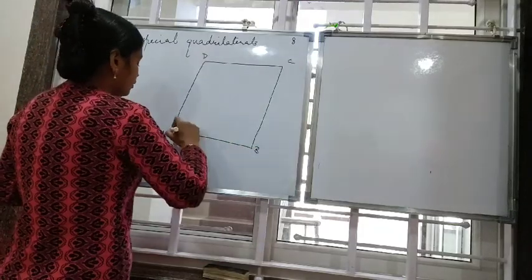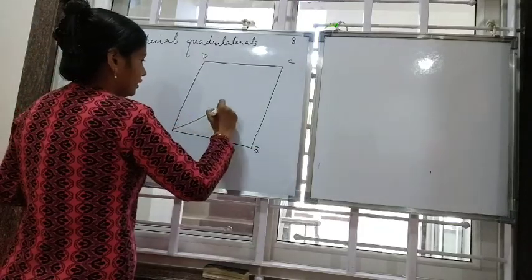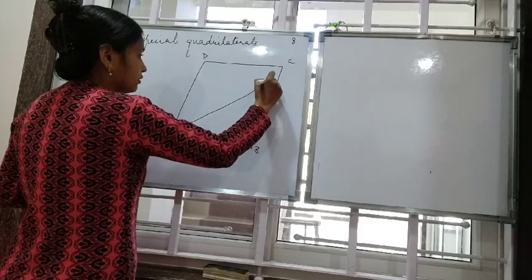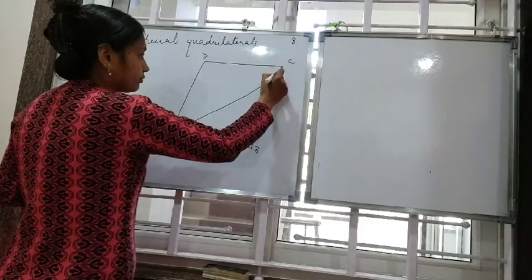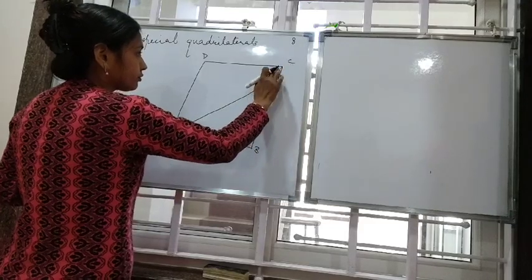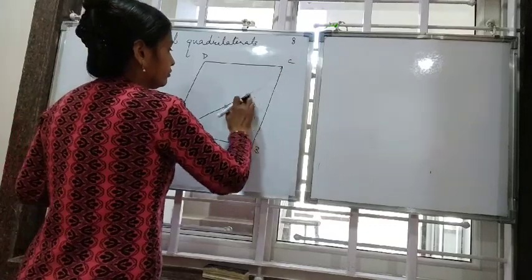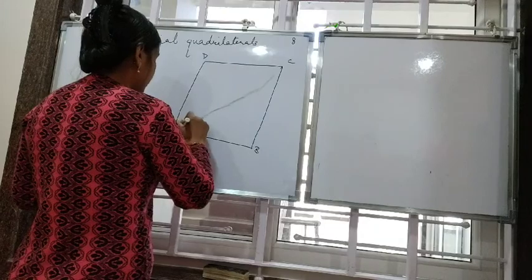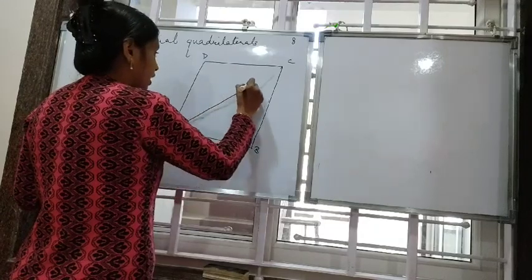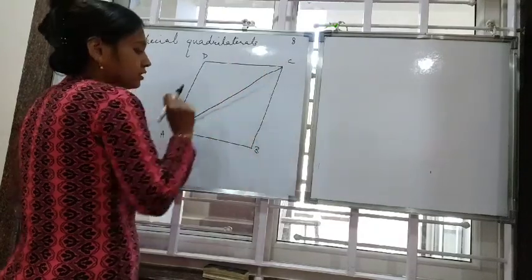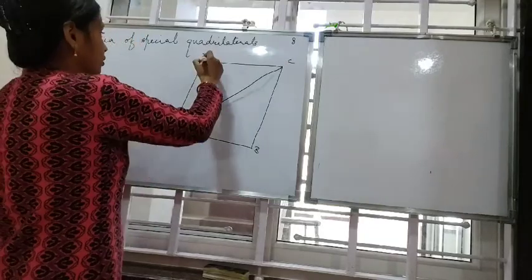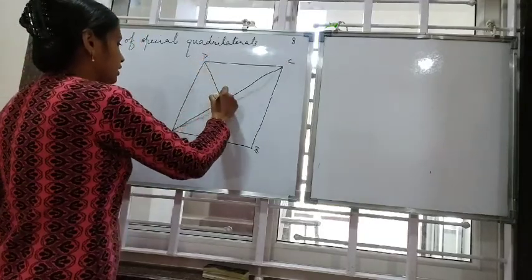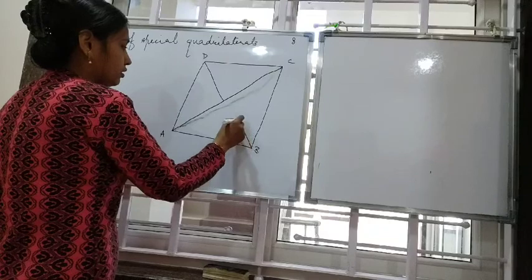ABCD is a rhombus where I divide it. AC is the diagonal. Again, we divide it into two triangles. You can see, this is the height and this is the height.